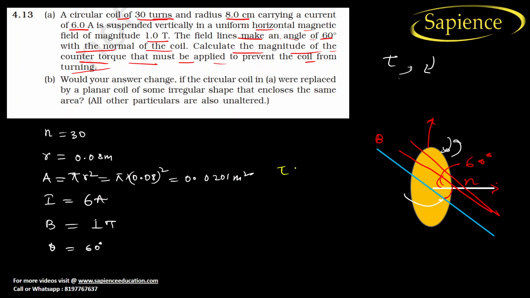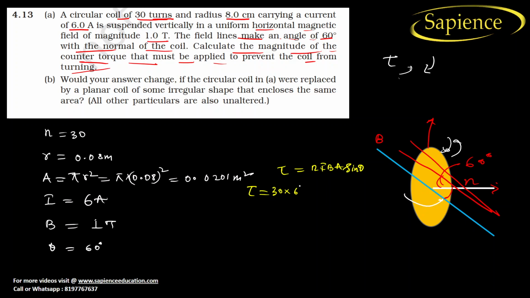So let's put it like this: torque is equal to NIBA sine theta. So put the values now. Counter torque required is equal to N, which is 30, into current, which is 6 ampere. We should remove the unit so that calculation will be easier.